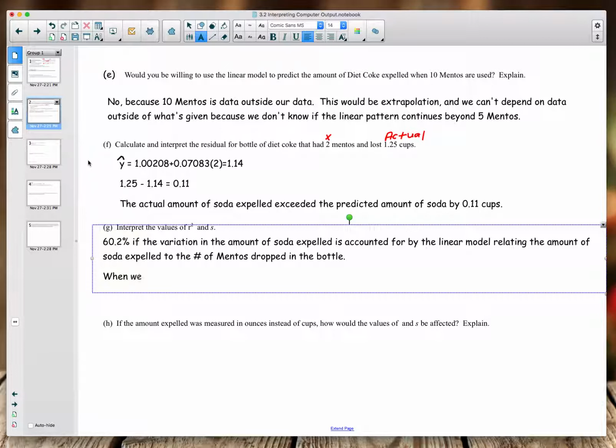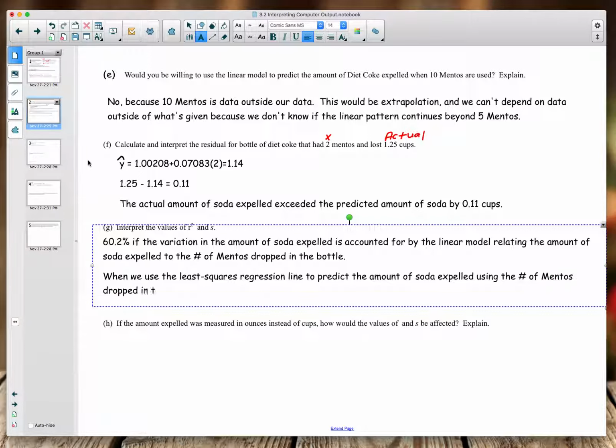So we would say when we use the least squares regression line to predict the amount of soda expelled using the number of Mentos dropped in the bottle, we can expect our predictions to typically be off by 0.067 cups. Okay, so that's how you would interpret your r squared and your s.